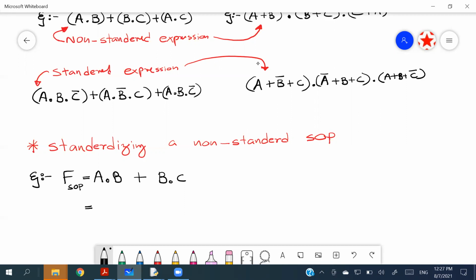Since the terms are multiplications, we have to apply a multiplication. What value can we multiply a term by without changing its value?